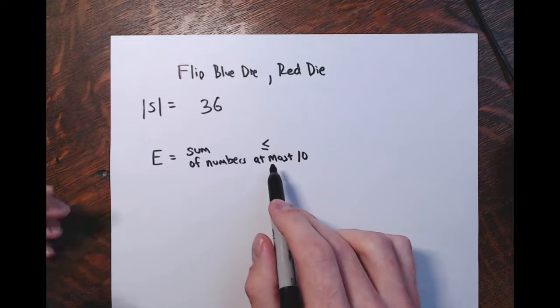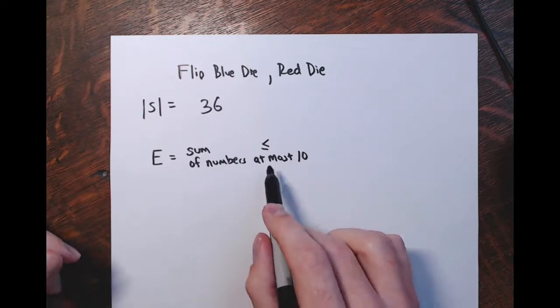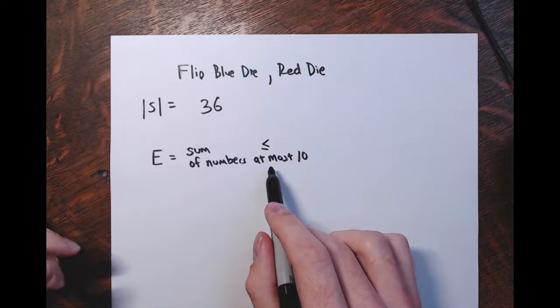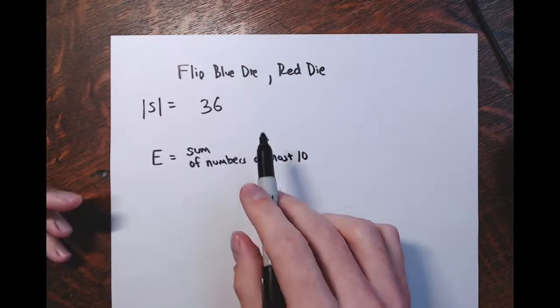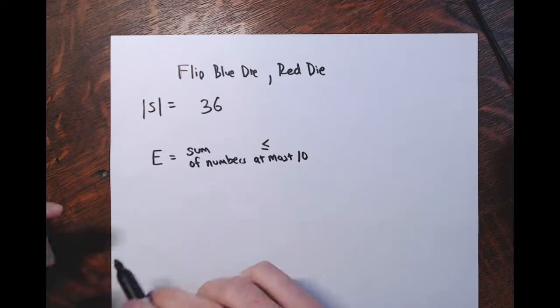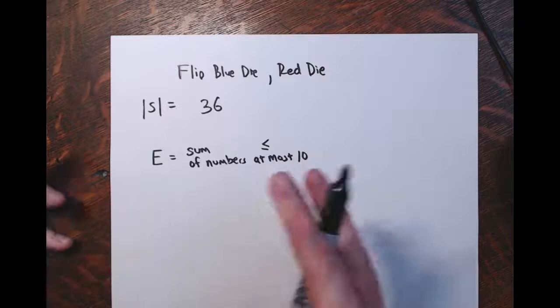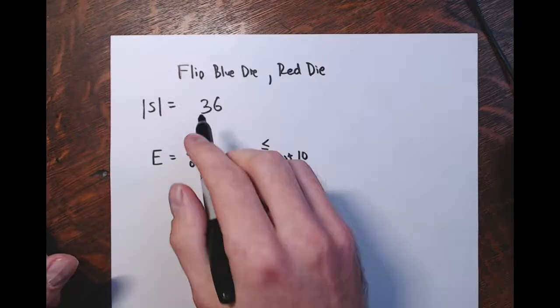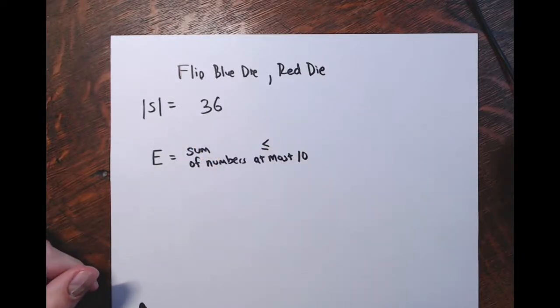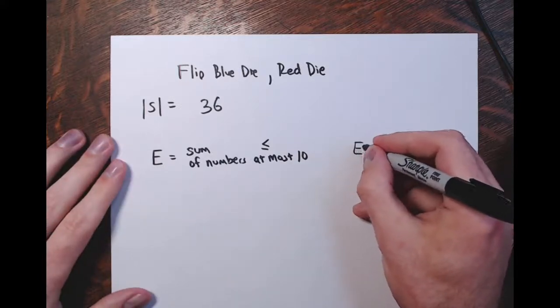So what I have to do here, you could find out how many outcomes have the numbers adding up to 2, to 3, to 4, to 5, to 6, to 7, to 8, to 9, to 10, and count all those up, and then divide by 36. But that's a lot. I'd rather look at the opposite of this.